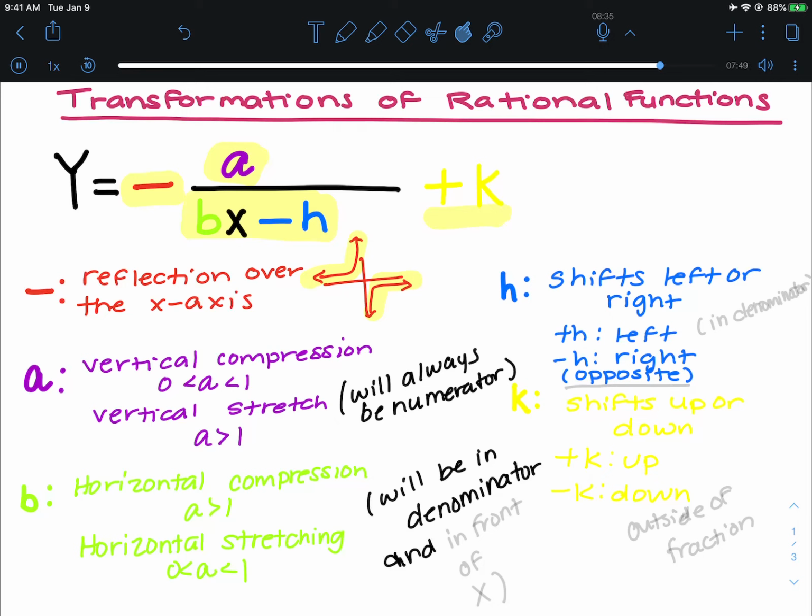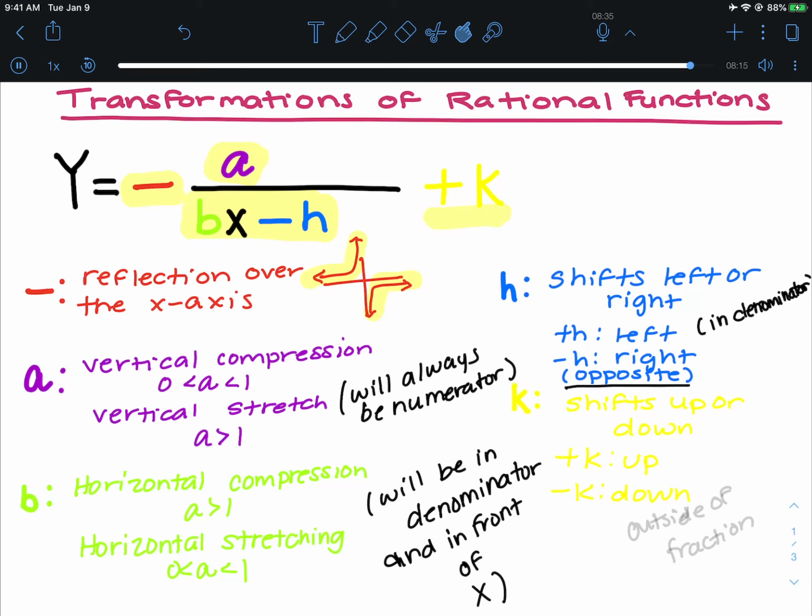It's in front of x. Okay, h is also going to be in the denominator, and that one tells you to go left or right.